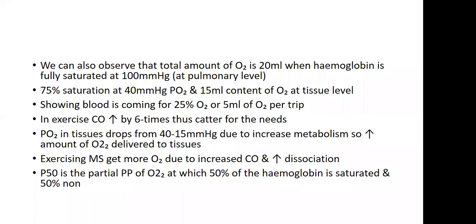You can also imagine that when there is 100% saturation of the hemoglobin, and when the level of the hemoglobin is also normal, that is 15 grams percent, it carries 20 ml of oxygen when hemoglobin is fully saturated, which means that is a pulmonary area. 75% saturation at 40 millimeters.